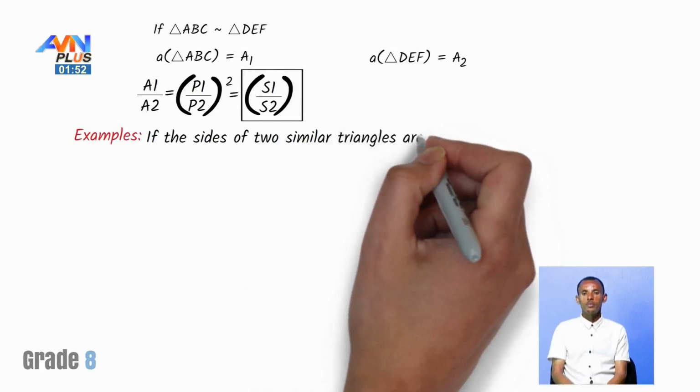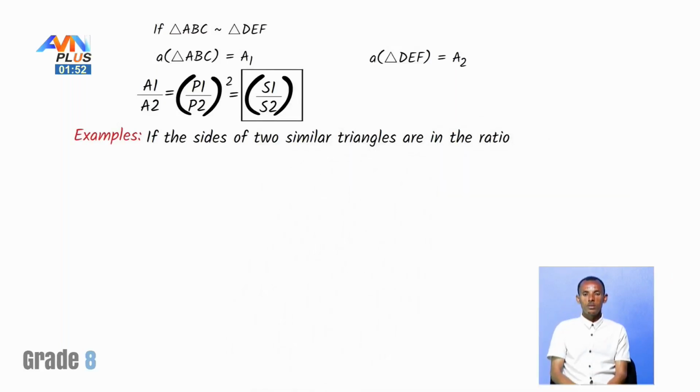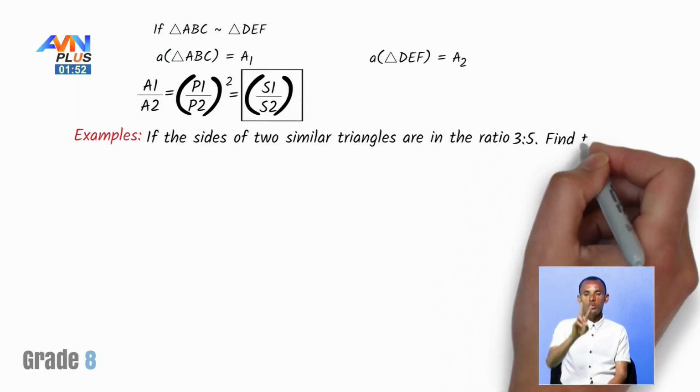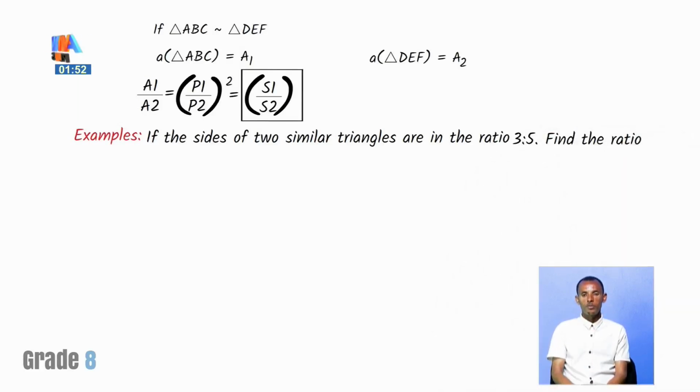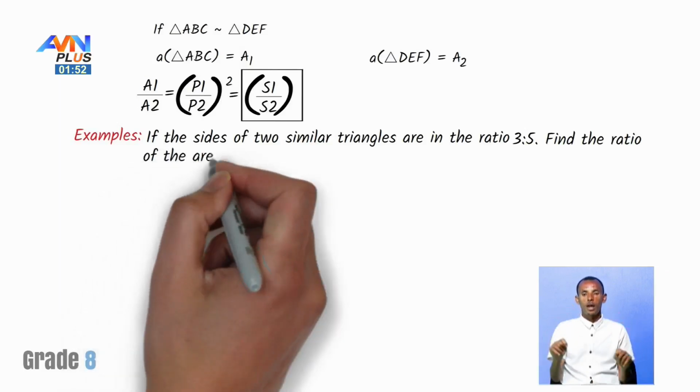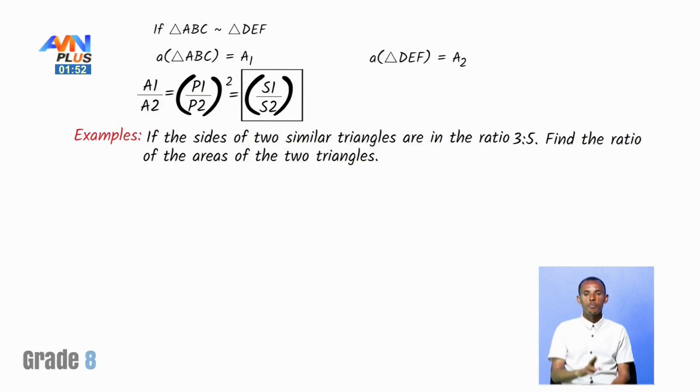If the sides of two similar triangles are in the ratio 3 to 5, find the ratio of the areas of the two triangles.